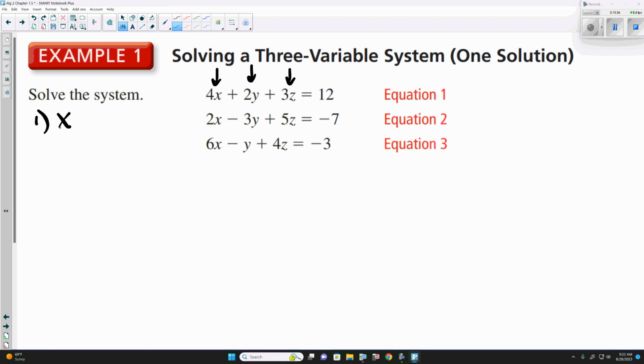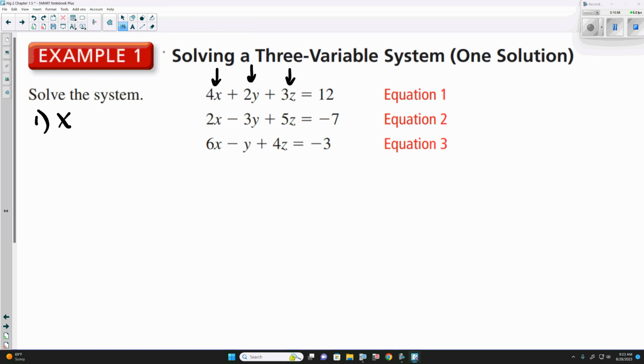Okay. So the first thing we do is pick a variable to eliminate first. Because what we're going to do to solve this is go from 3 equations with 3 variables to 2 equations with 2 to 1 equation with 1. We're working down, and then we're going to work backwards. Now, that's part of the first step, was pick a variable to eliminate, and then it said an eliminator equation. That part might be a little bit confusing.